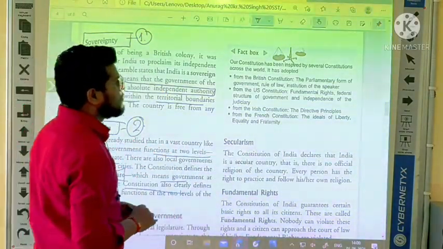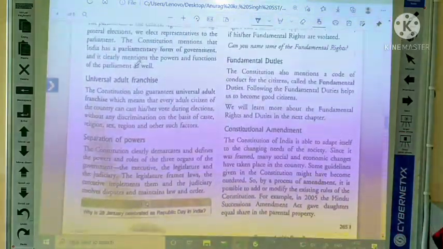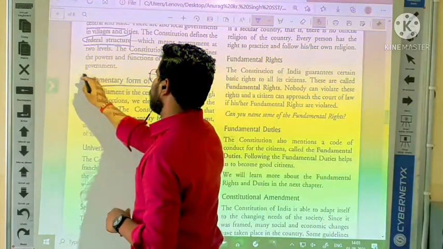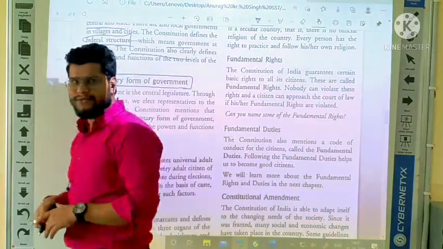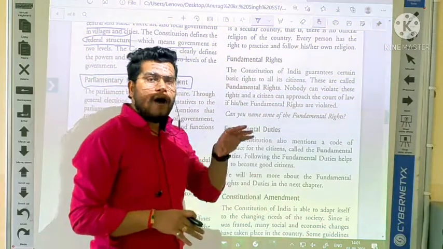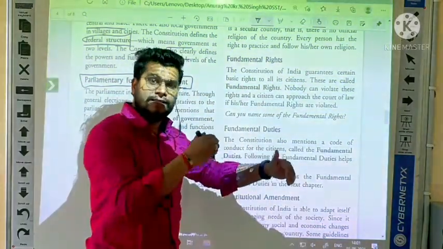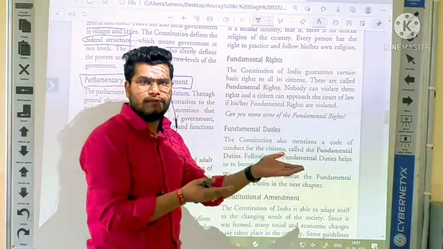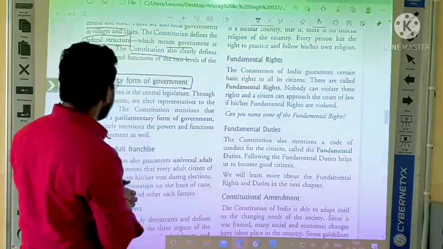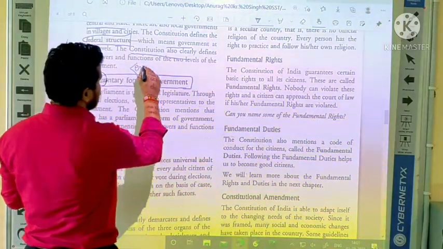Now come to the next term, that is parliamentary form of government. Parliamentary form of government. Yes, our central legislature is based on parliament.